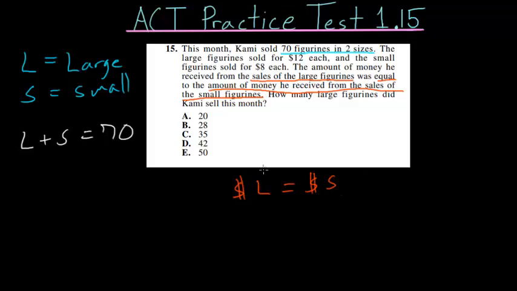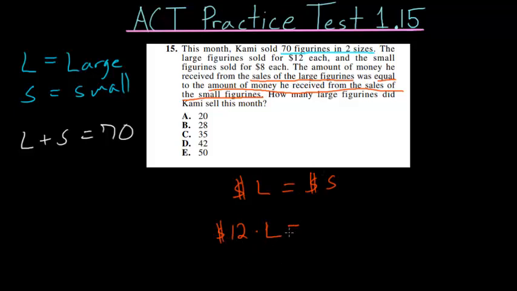And let's think about how to generate money from the large. So for every large we sell, let's say we have L amount of larges, we get $12. So we'll have to multiply this by $12. And this should make some sense, since let's say if we sell two larges, it would be 2 times 12, which is $24.